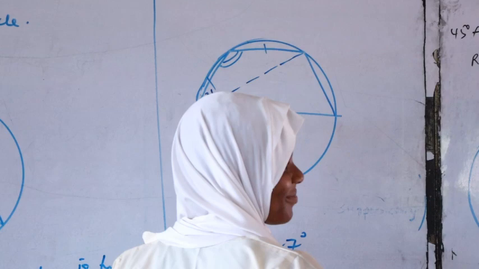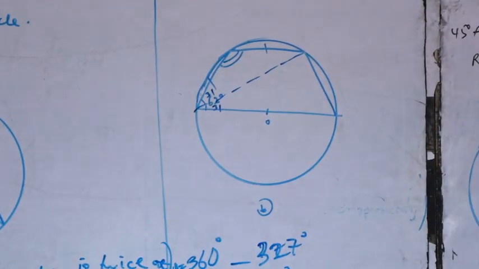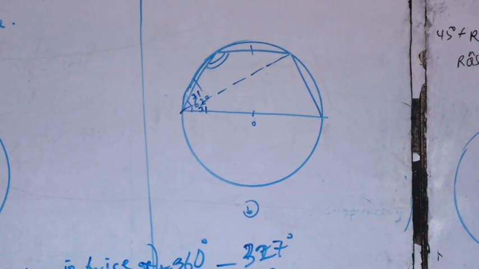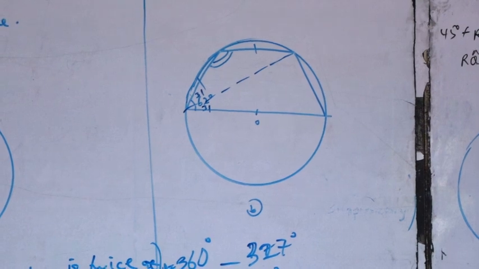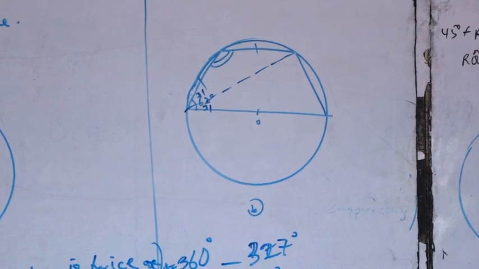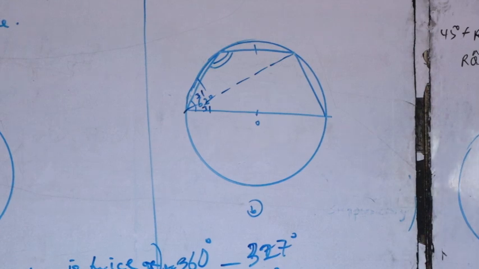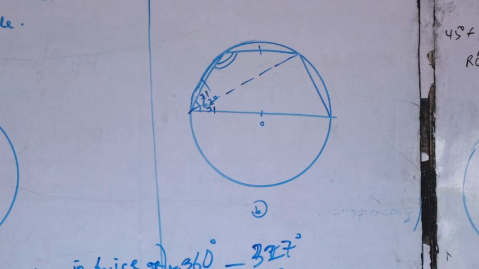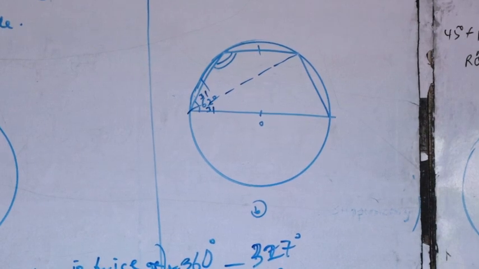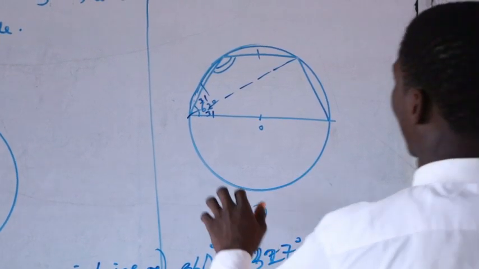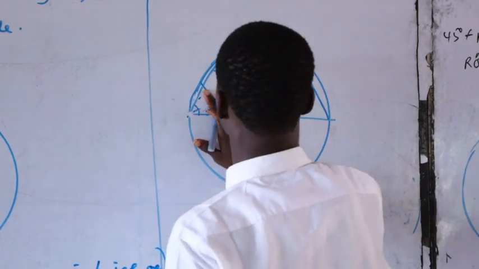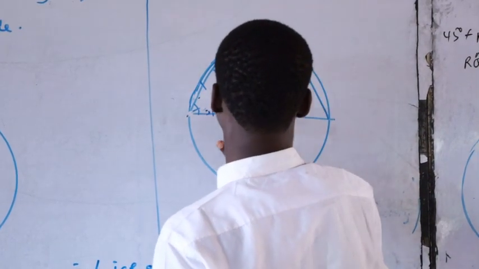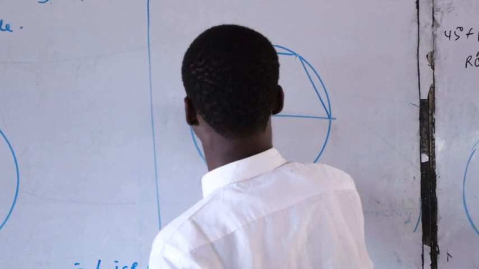Once you divide that 62 by 2, you are wrong, because that line is not the bisector. That 31 that we have there. Okay, you want to clean it like 62.